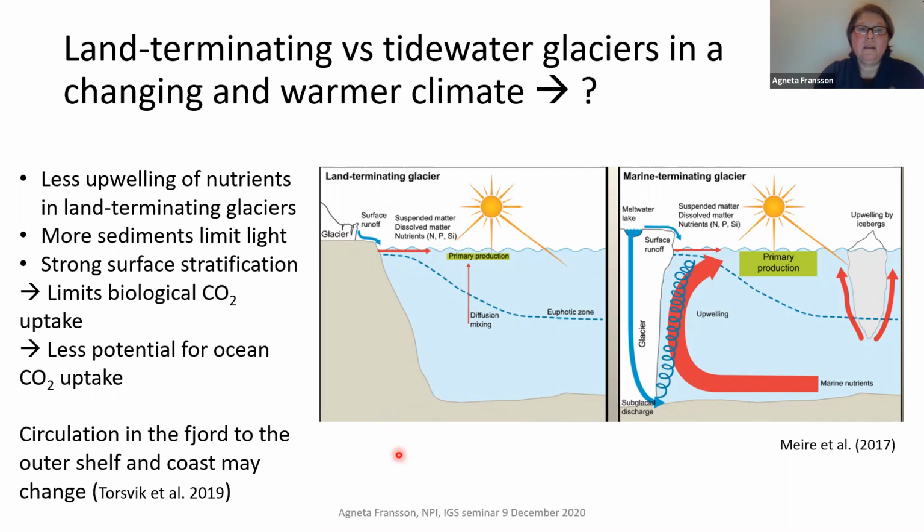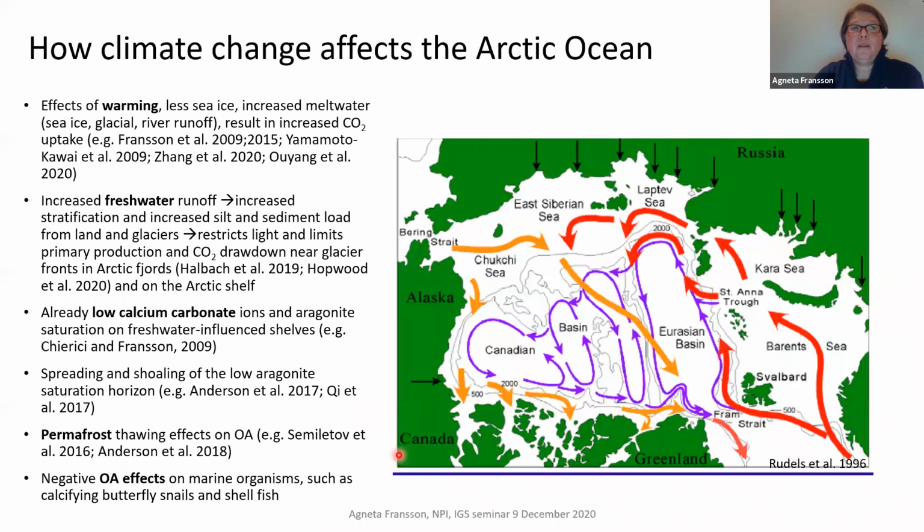So the circulation in the fjord to the outer shelf and coast may also change. There are climate effects, and effects that we already observed, and here are some examples.